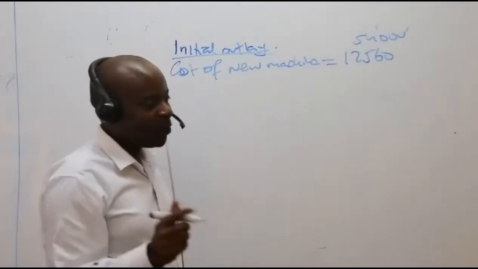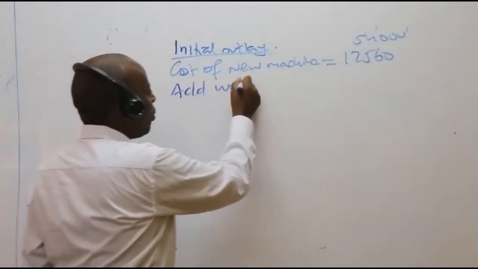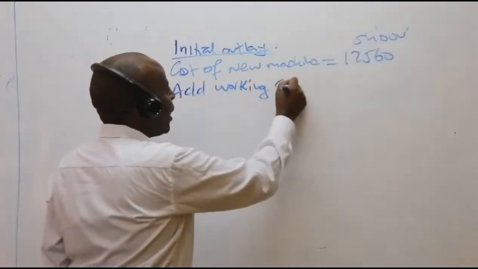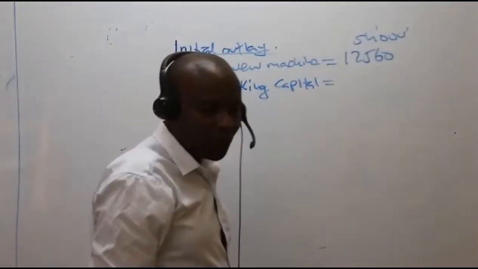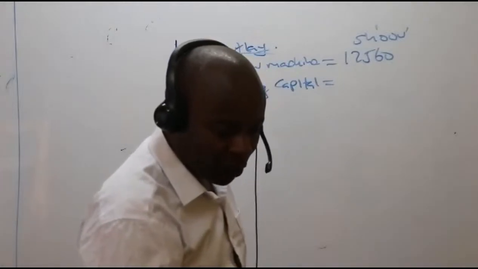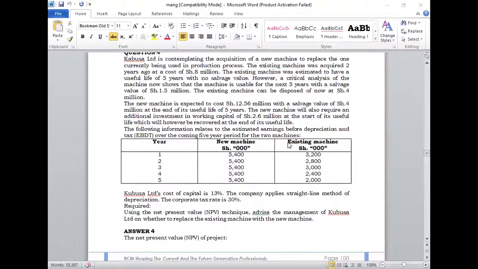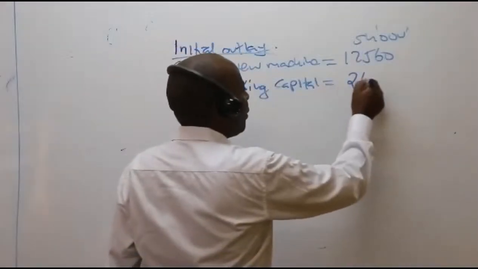There is working capital. So in this case, add working capital of how much? Of 2,600. There is additional working capital of 2,600. Thank you.